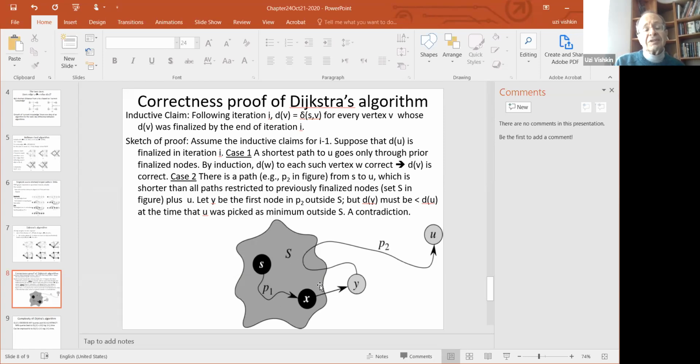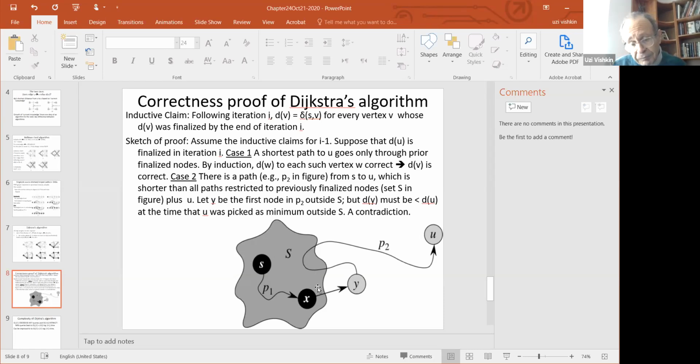Capital S is the set of all the vertices that have been finalized by the end of iteration I minus 1. In case 1, the shortest path may go around here, but then it jumps to U. In case 2, it is much more complex.